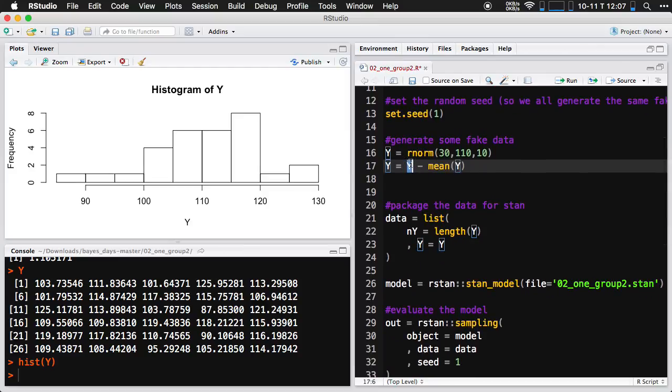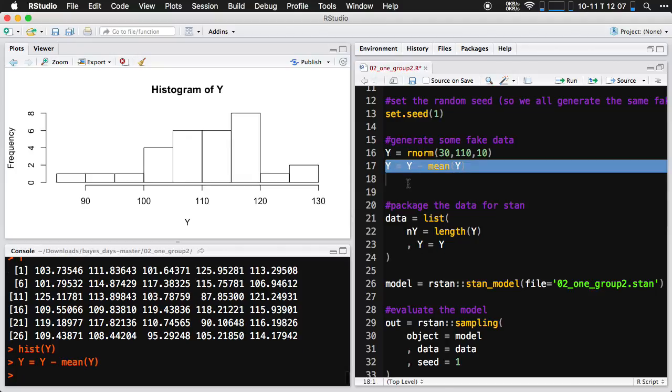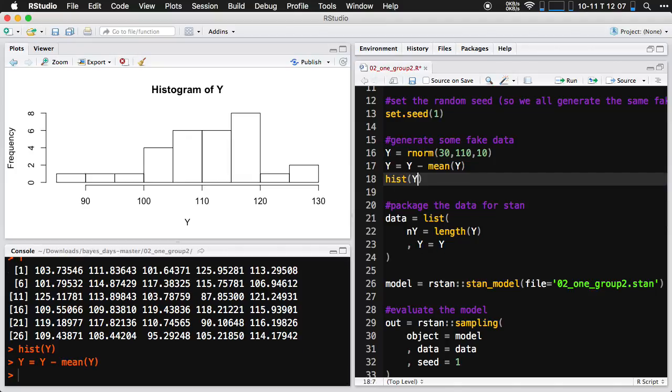I'd take all the values and subtract the mean from them. So that's what this little bit does: it says take all the values in y, and for each value, subtract from it this thing, which happens to be the mean of all the values. Having done that, I can say hist y.